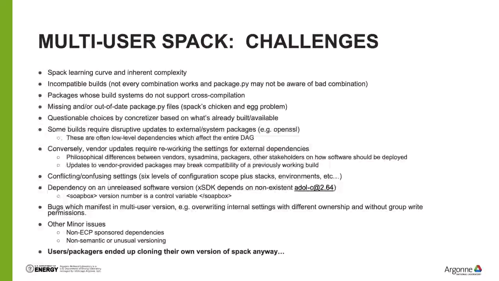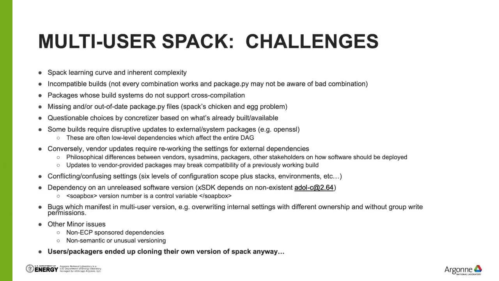And conversely, vendor updates can require settings for some of these external dependencies. Vendors will have their own way of packaging things, and they don't necessarily have the same philosophy about how things are versioned or controlled, etc. And so those can be a little bit challenging. Generally not terrible, but those can be challenging.